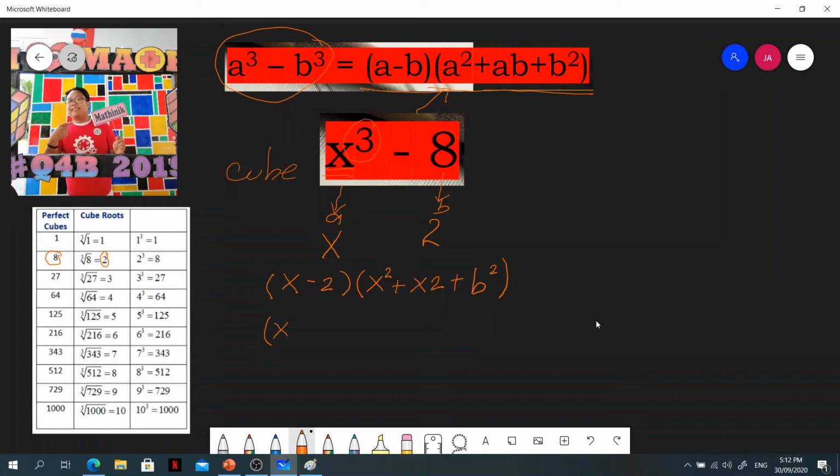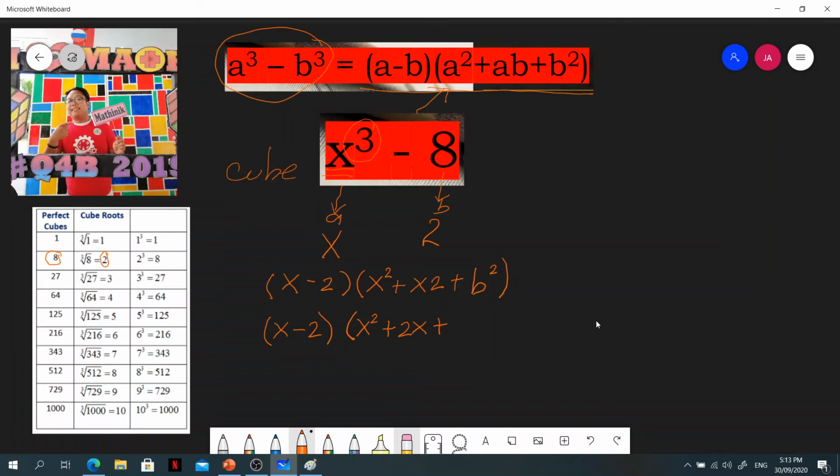So, x minus 2. And then, x squared. So, x times x, basically x squared. Plus, x times 2. Kapag ganito, ano una lagi ay number, diba? So, 2x plus, what's this?